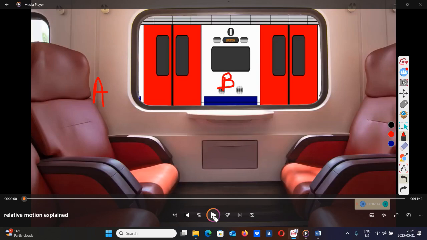I'm going to play the video here. Once the video starts playing, you will see there will be movement. I want to know which one is actually moving between the two.